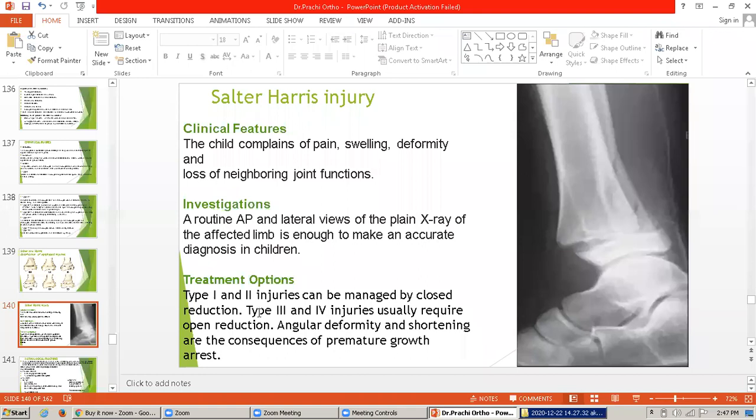And the treatment options show that type 1 and 2 injuries can be managed by closed reduction, and type 3 and 4 injuries usually require open reduction. Then, angular deformity and shortening are the consequences of premature growth arrest.